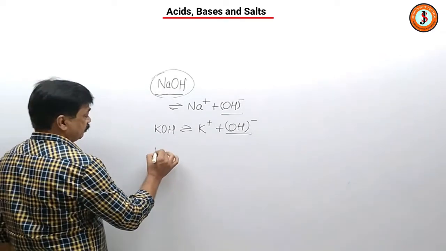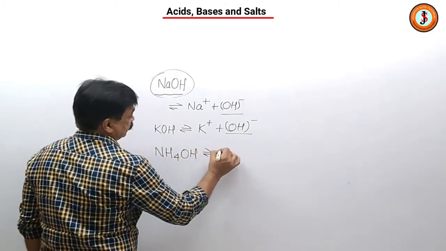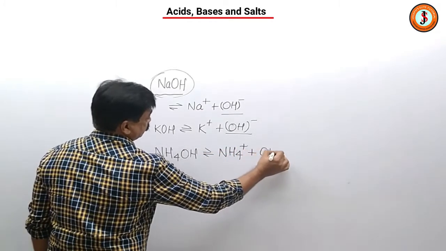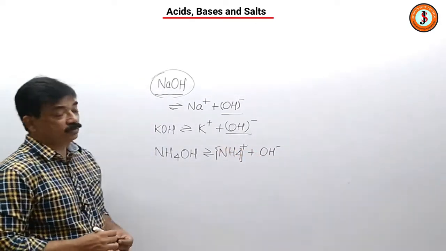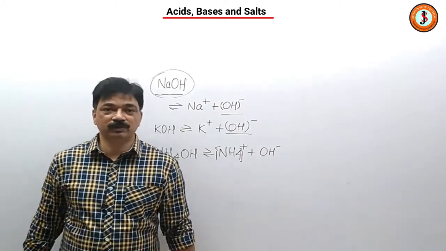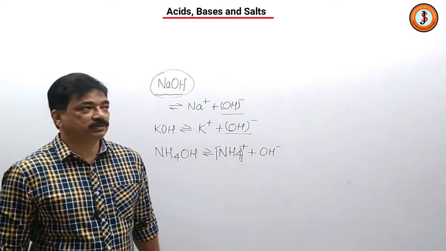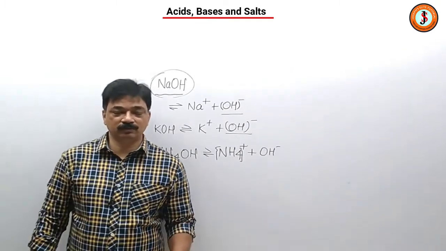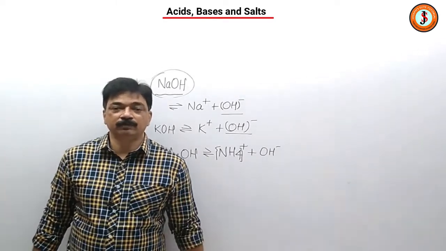There is also ammonium hydroxide. So bases are also ionic compounds. The base solution will conduct electricity. That is very, very important. Bases also show their effect on indicators, so on litmus paper they will turn red litmus blue.